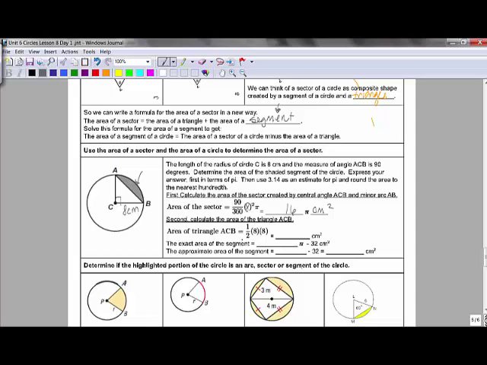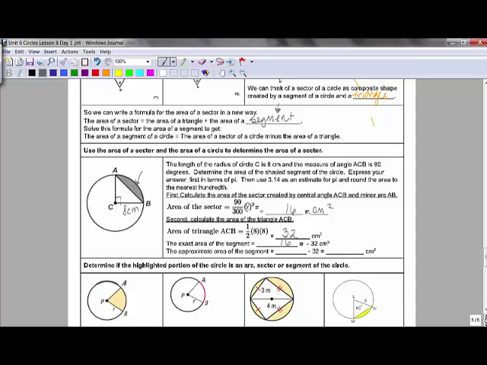Now we need to calculate the area of the triangle, our other part of our composite shape here. 1/2 base times height. So half of 64 or 32 centimeters squared. So the exact area of our segment is 16 pi minus 32 centimeters squared.